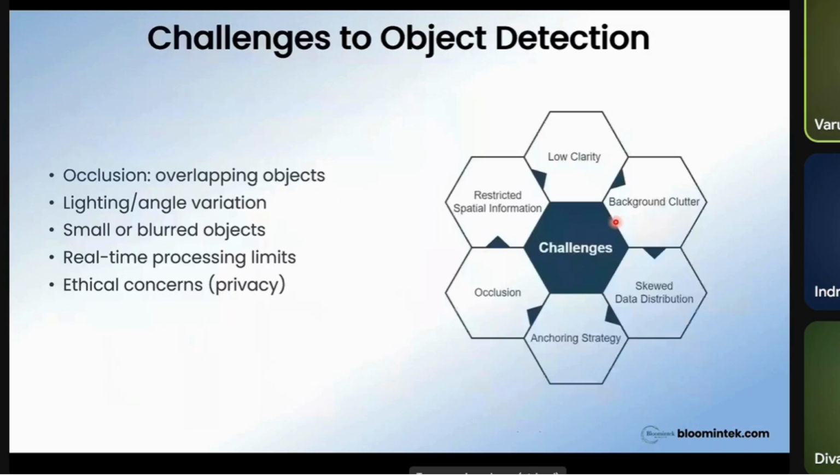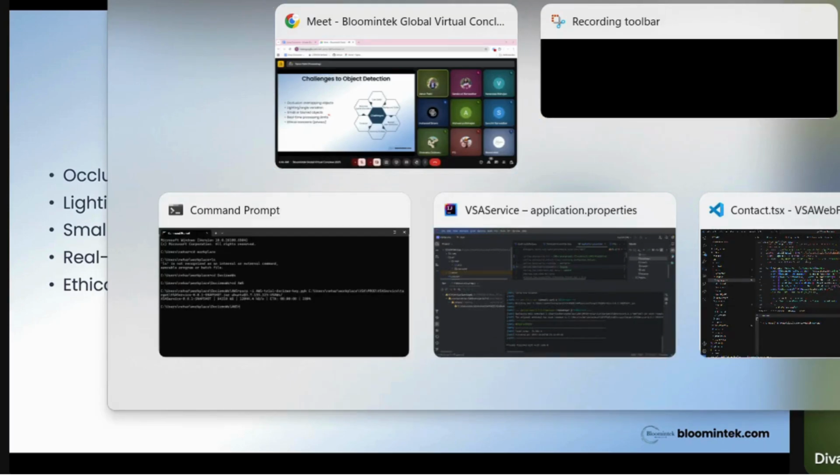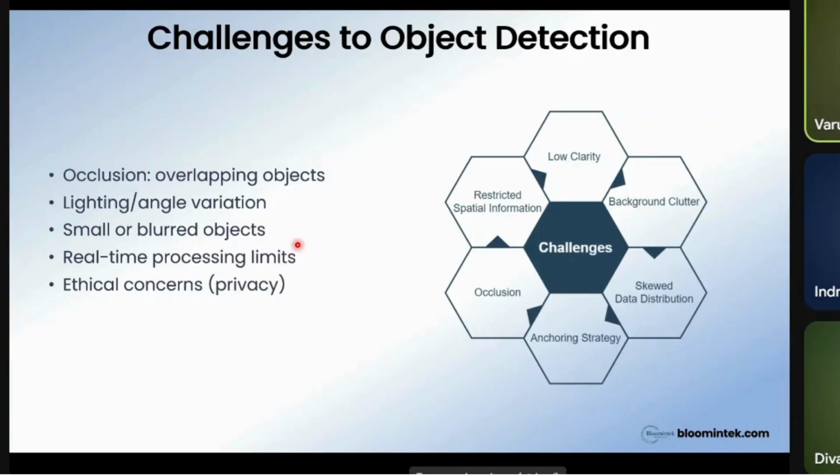Moving on, as any technology is prone to challenges, object detection is no exception. One big challenge is occlusion, when one object overlaps another, making detection harder. Another challenge is lighting and angle variation, where an object looks very different at night, in the morning, or in the afternoon, or from a completely new perspective.